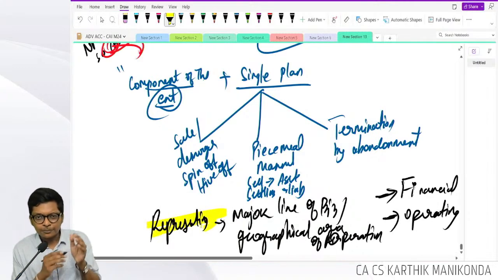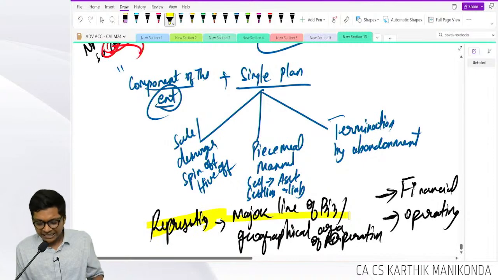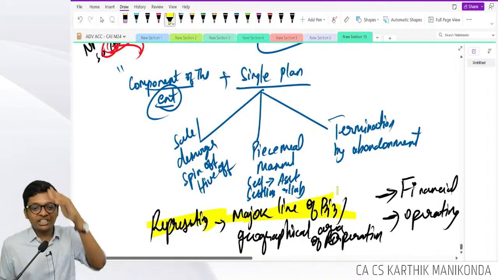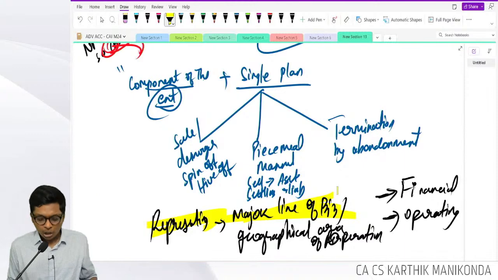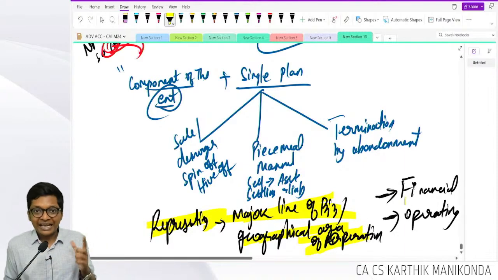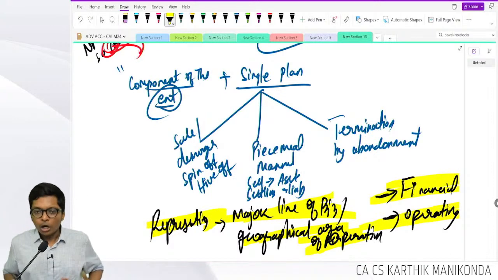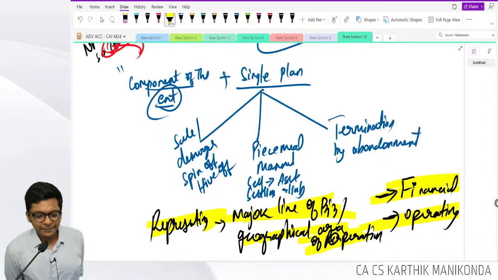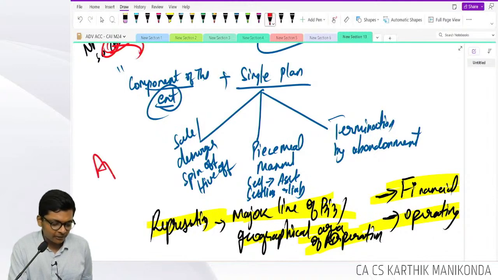That is not a small TV in my house. It represents a major line of business or geographical area of operations which is identified separately for financial or operating reporting purposes. Let me give an example to understand this better.